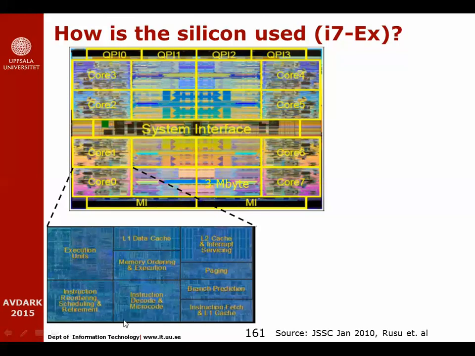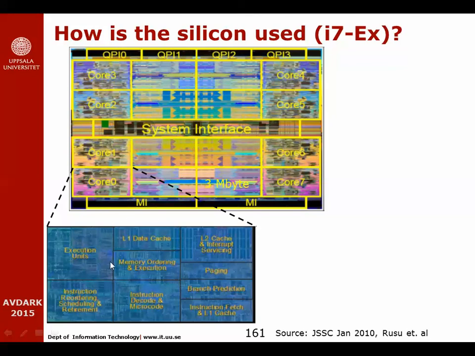And the execution unit is this space over here. This is the part of the chip that does useful work. The front end is these things together. The back end is this blob.